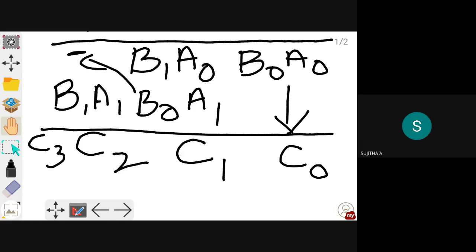The first AND output and second AND output you have to add, so you use a half adder. You get the output as C1, and the carry you add with the next half adder along with the B1 A1 AND gate output, which should be fed to the second half adder. You add these two and you get the C2 and C3 outputs.